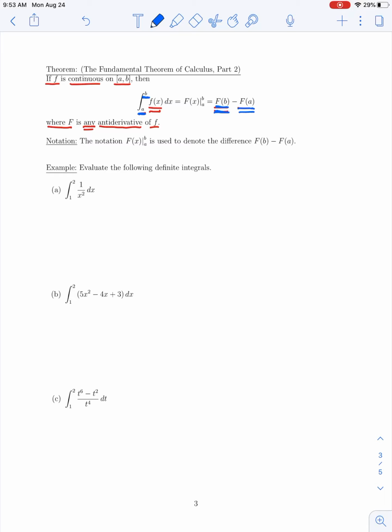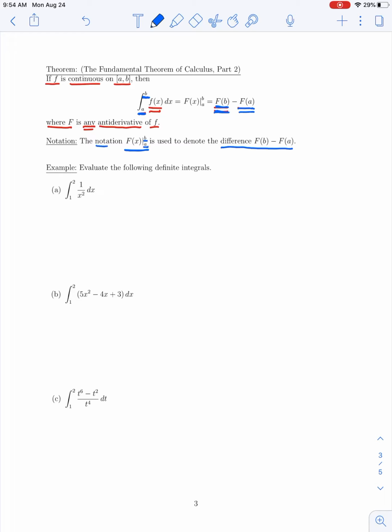Now, a little bit of comment on some notation that we'll use throughout the semester. That difference, F of b minus F of a, is typically denoted as follows. F of x, and then behind the function F of x, we have a vertical bar with subscript and superscript a and b.